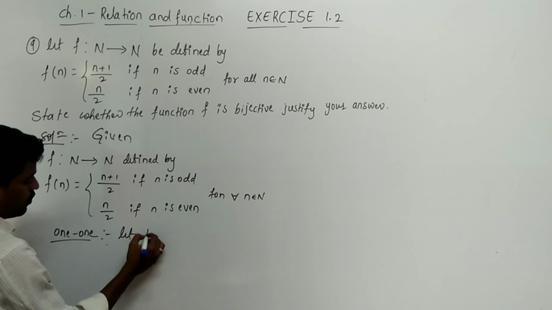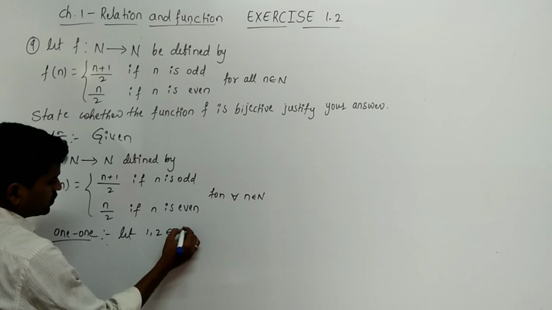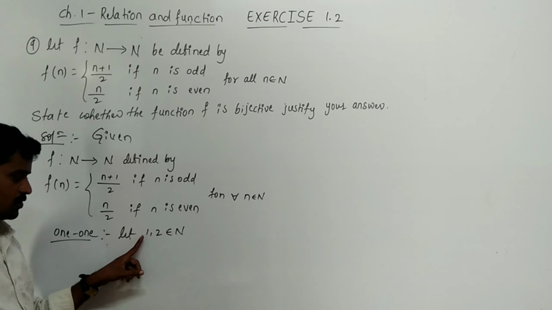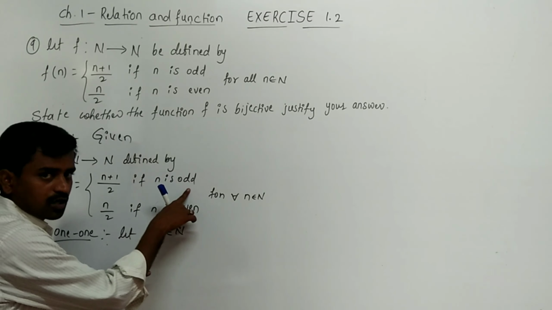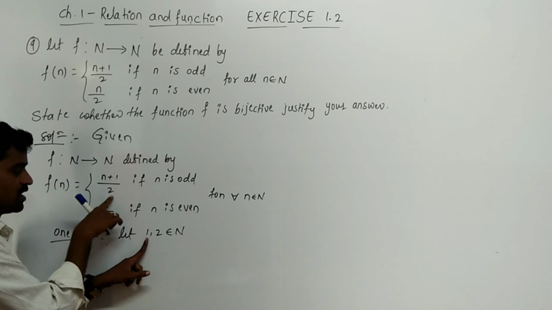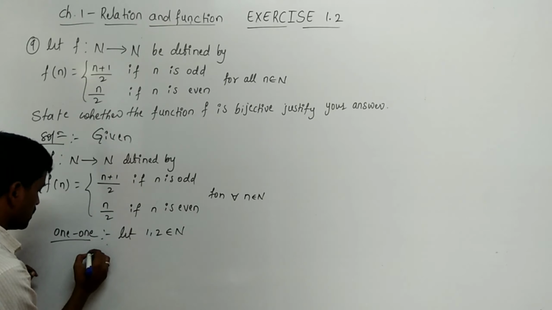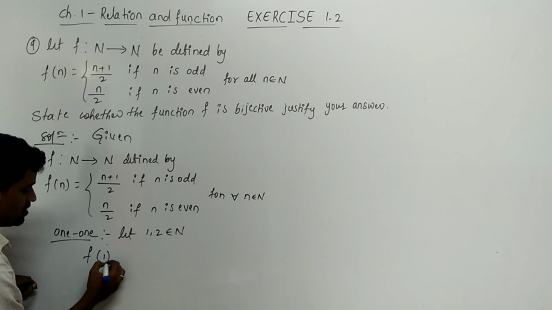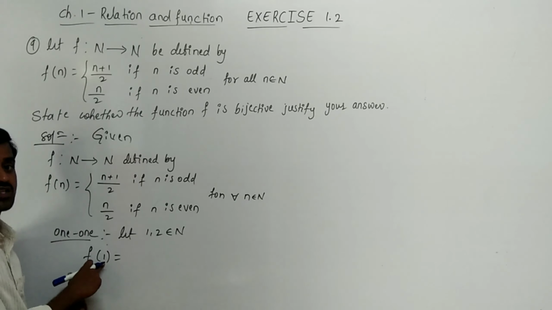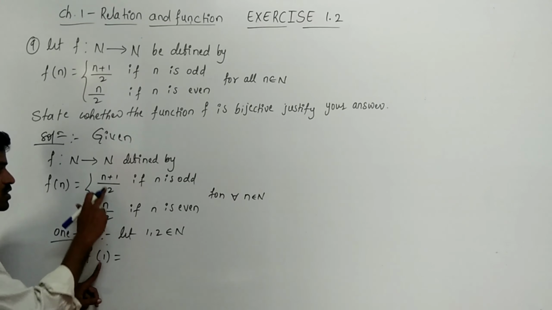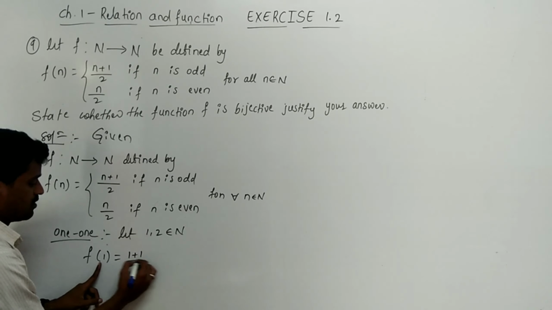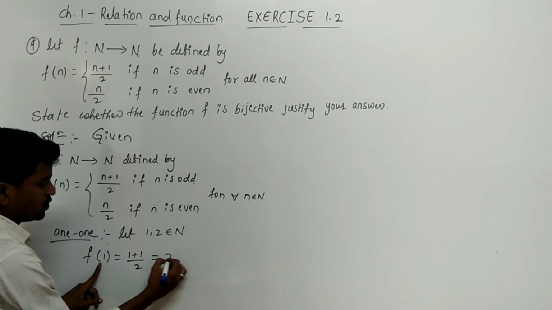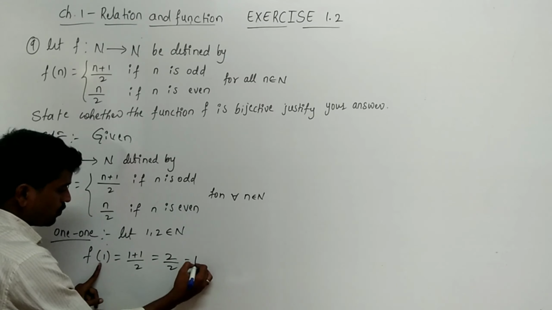Let 1, 2 belong to natural numbers. If n is odd, the function is (n plus 1) by 2. F of 1: 1 is odd, so substitute in this function: (1 plus 1) by 2 is 2 by 2, which is equal to 1.